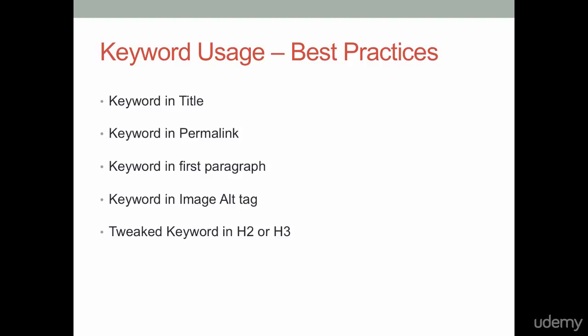What you can do here is to slightly change your main keyword and put it here under a H2 or a H3 tag. So if you've got your main keyword as best baseball gloves, what you'd want to do perhaps is to put a subtitle somewhere in your content that uses some of those words, but perhaps in a different order. So you could perhaps ask, what are the best gloves for baseball? It includes your keywords, but in a different order.